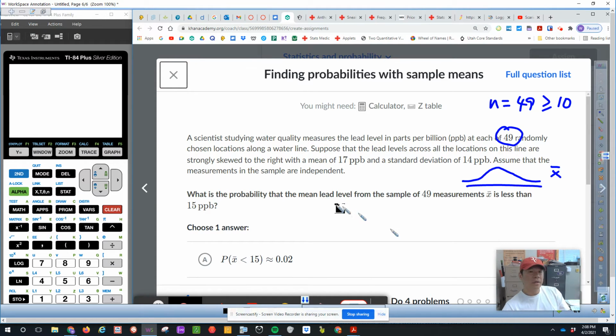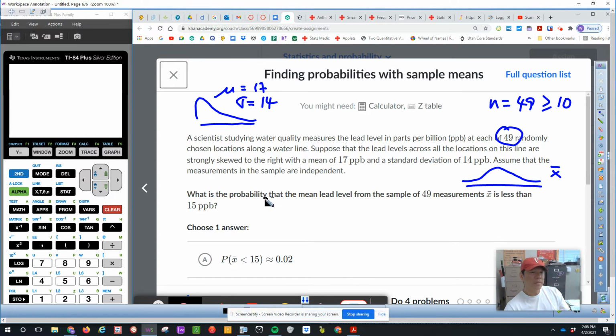approximately normal. Suppose that the lead levels across all the locations on this line are strongly skewed to the right, and the mean is 17, and the standard deviation is 14. Assume that the measurements in the sample are independent.